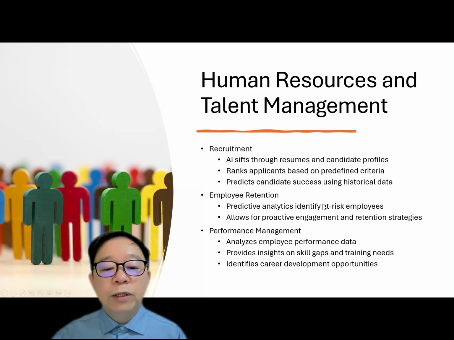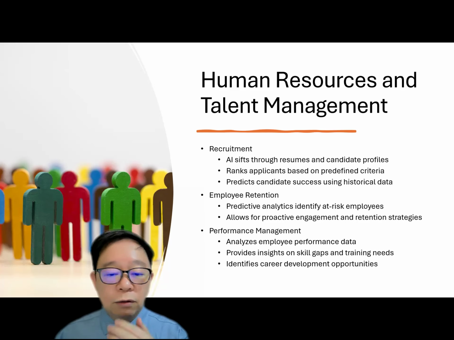And then the employees, how can we keep them? First, certain employees we don't think we should keep. We should terminate them for some reason, because they are a risk. So we need to do predictive analysis for all the staff and allow proactive engagement for those we think are an asset. We cannot lose this type of staff. They are good, we must keep them.